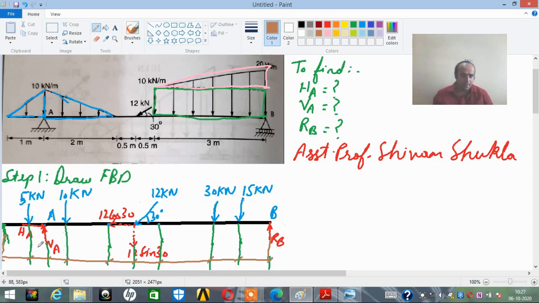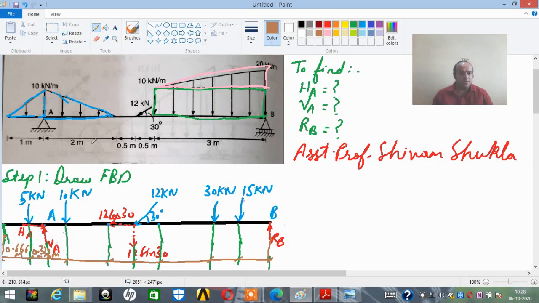So 0.333 meter. What about this? It will be 1 minus 0.333, which is 0.666.